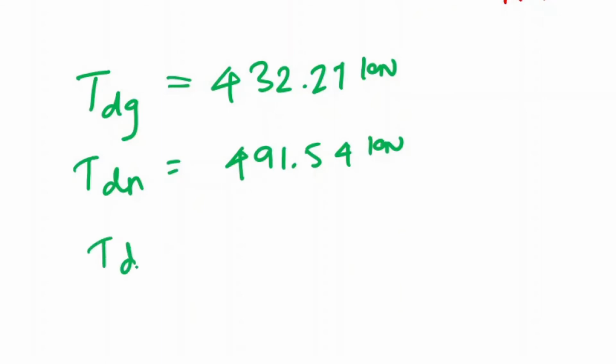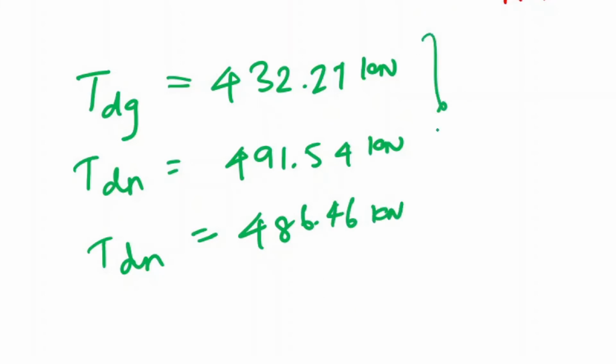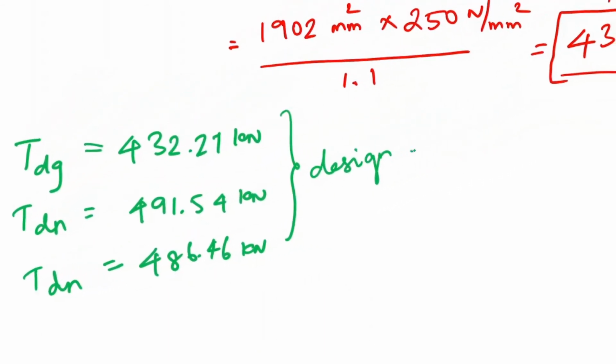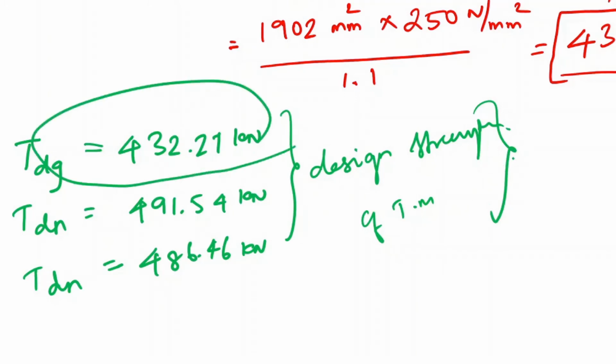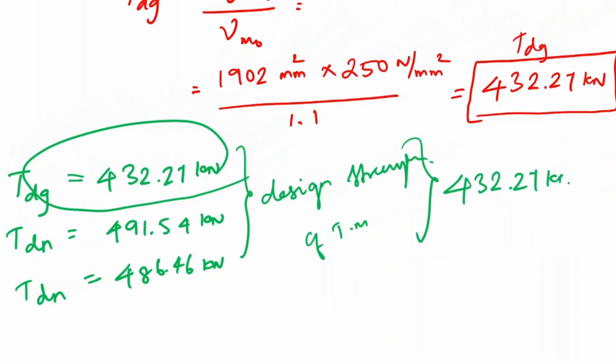Then the block shear strength of the given member is 486.46 kilonewton. So whichever is least is the design strength of the given single angle tension member. The design strength of the tension member, which is the gross yielding strength, is 432.27 kilonewton. Thank you.